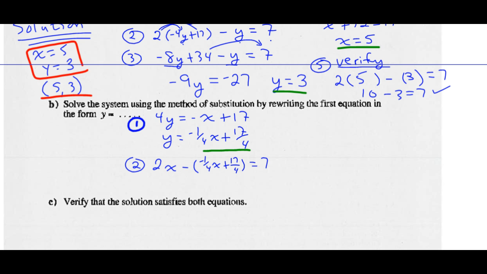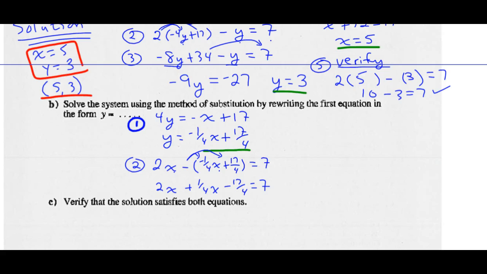Well, this doesn't look like it's going to be a lot of fun, but I only have one variable, so it should work. All right, so multiply through by the negative sign. So 2x minus the negative is like saying plus 1/4 x minus 17/4 should equal 7.